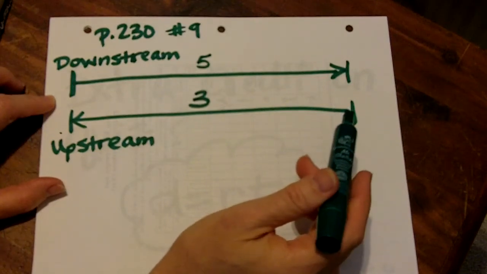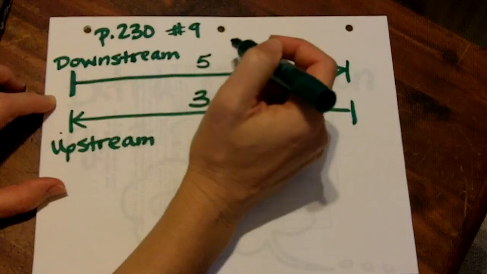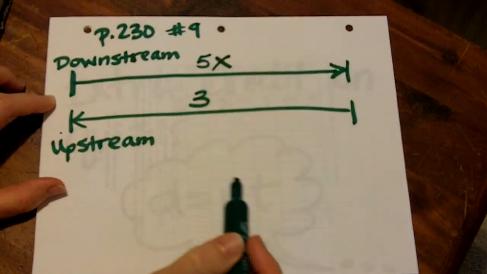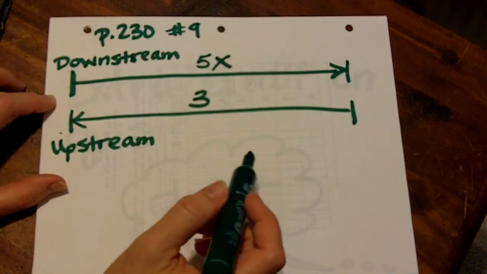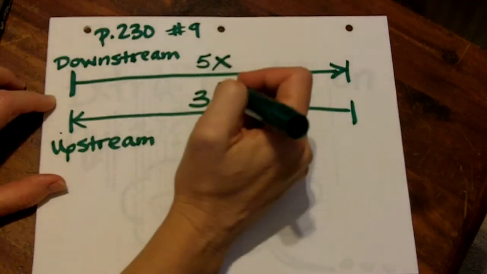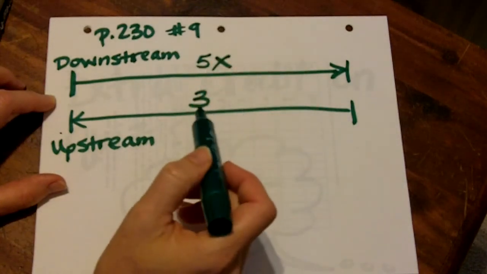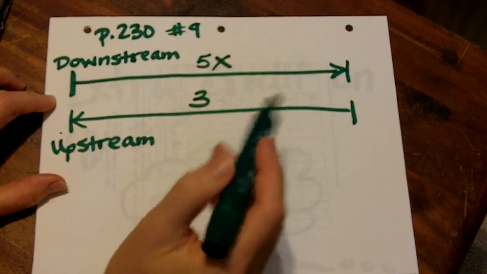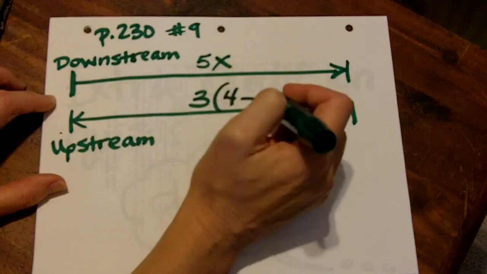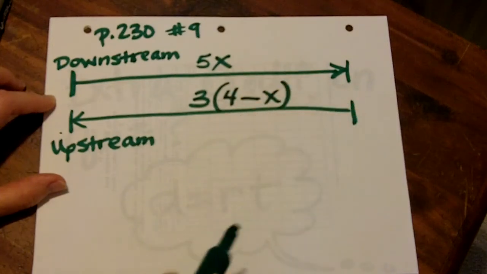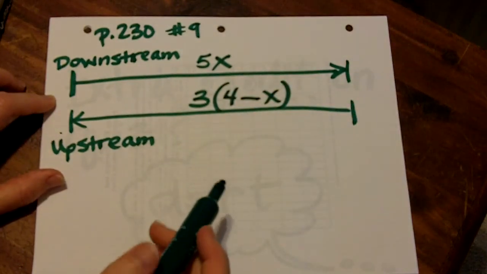So let's say that it took him x amount of time to go downstream. Okay, well, we know the total time is 4. So obviously it's going to take him longer because he's going slower. So we're going to say that it's the 4 hours minus however much time it took him to go downstream.